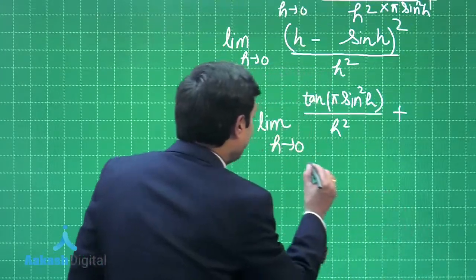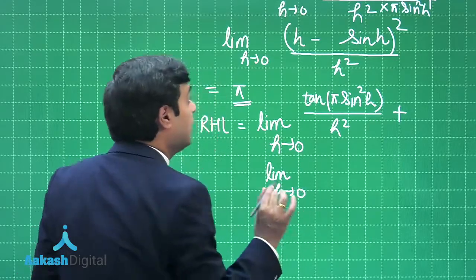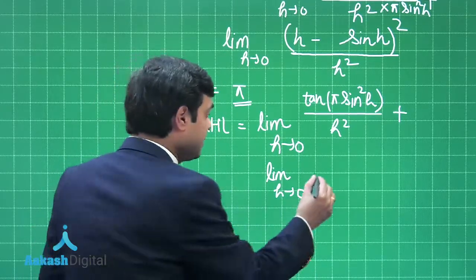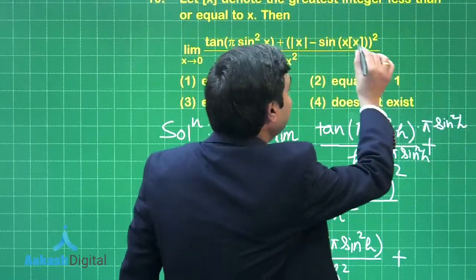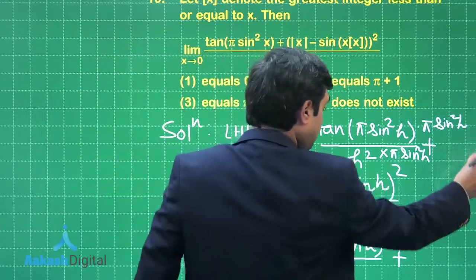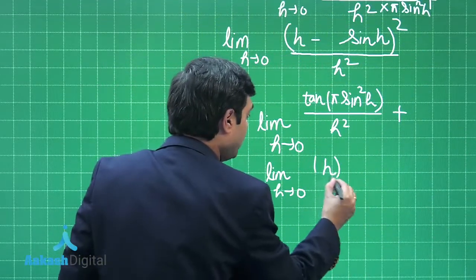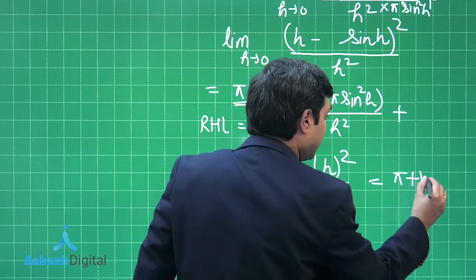Next, you have limit h approaching 0. Now, mod x means simply h, and when you substitute 0 plus h here, this greatest integer will become simply 0. When this becomes 0, you have simply (h) whole square upon h square. So, the result is pi plus 1 this time.